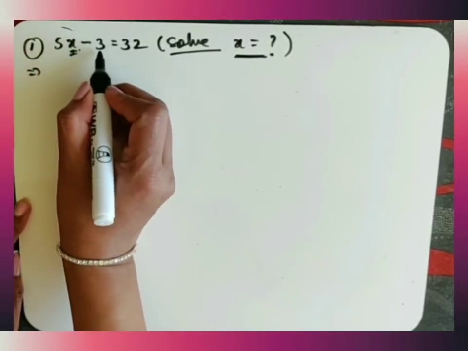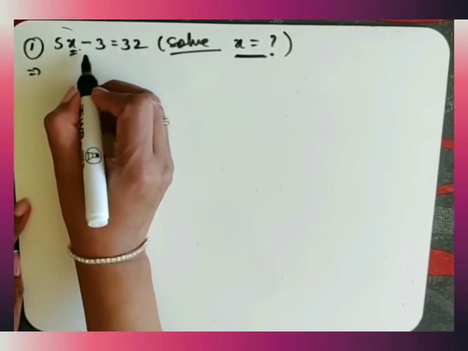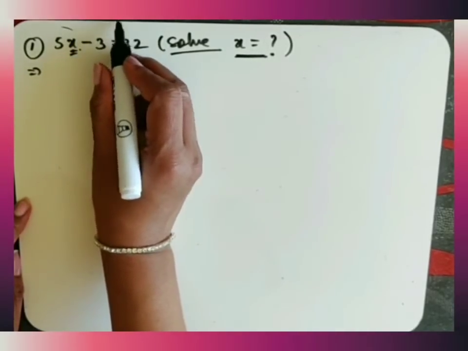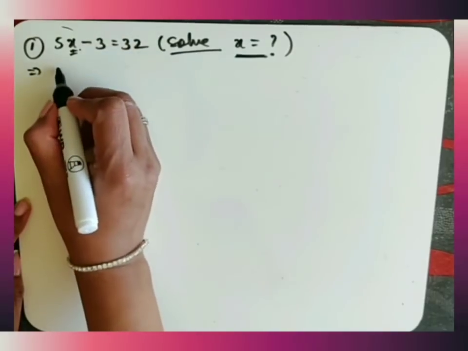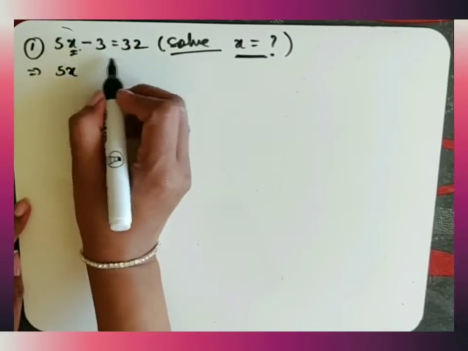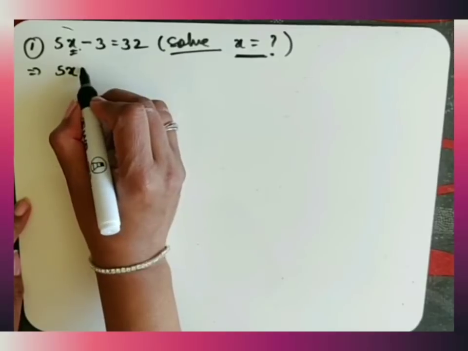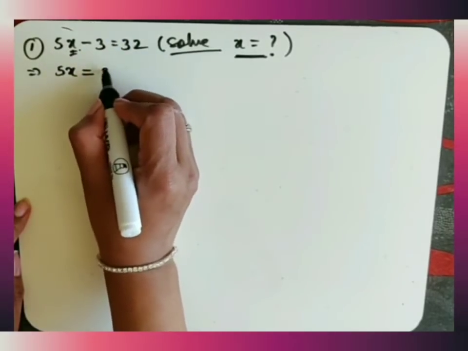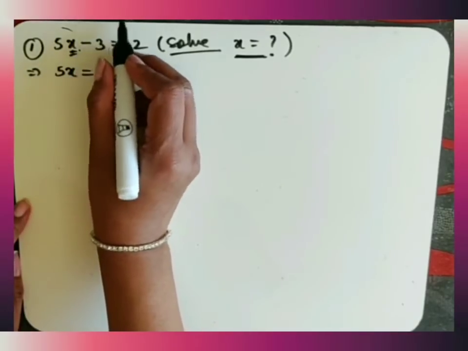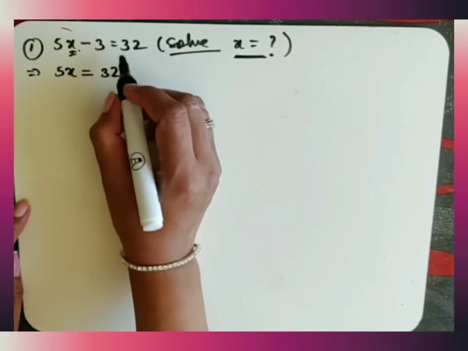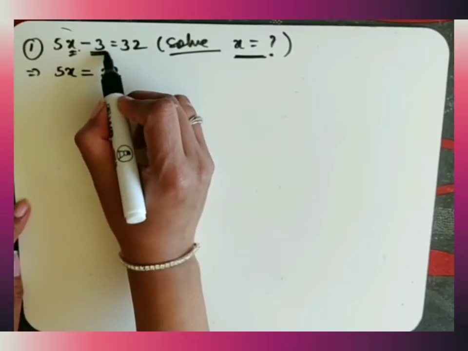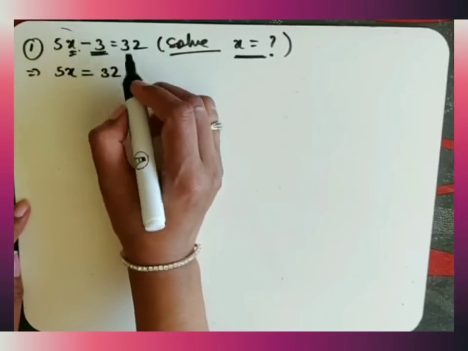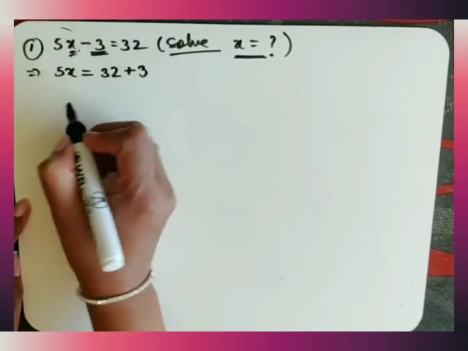Keep the variable term before the equal sign and bring all the constant terms, which have no x, after the equal sign. So 5x stays here, and after the equal sign, first write 32, and bring minus 3 to that side. Minus 3 is changing its place, from the left side to the right side, so it becomes plus 3.